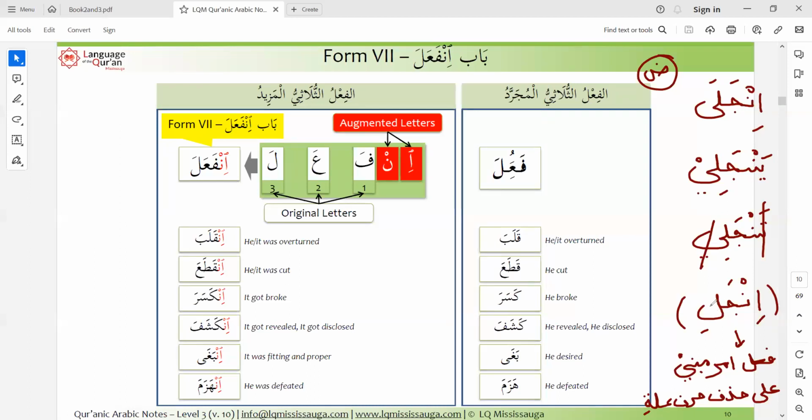I'm just making the isnad for this injala. Injaliya, and then injalu. Injalu. Injali.